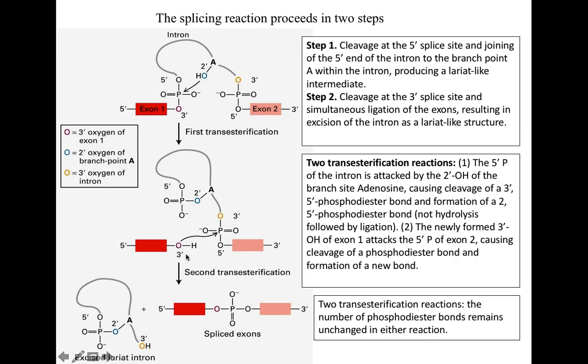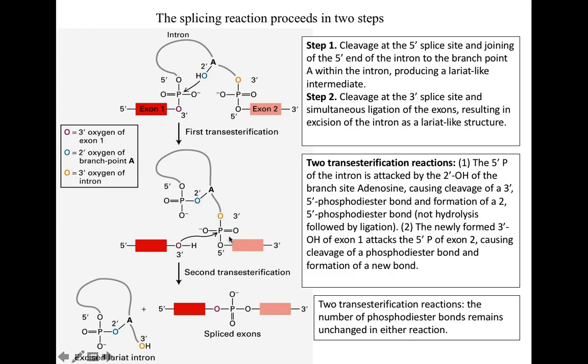Now the 3' hydroxyl of exon 1 attacks the 5' phosphate of exon 2. So this is exon 2 and this is exon 1. The hydroxyl group at the 3' end of exon 1 attacks the phosphate group at the 5' end of exon 2, and it cleaves it, cuts it off from here.